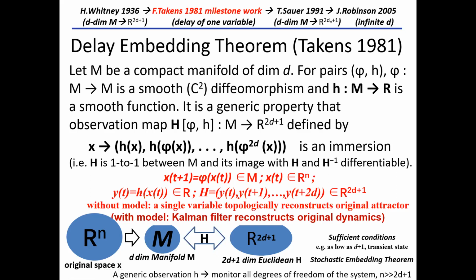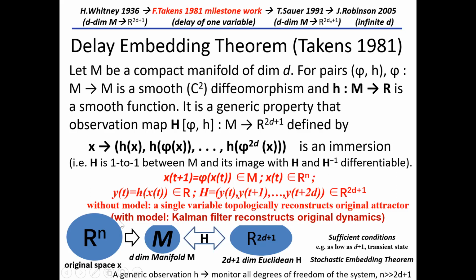I'm not sure if you're familiar with the Kalman filter. I also want to point out that in this work we don't need a model. We only need the data. A single variable can topologically reconstruct the original attractor of the whole system. But with a model, the Kalman filter can actually reconstruct the original dynamics.